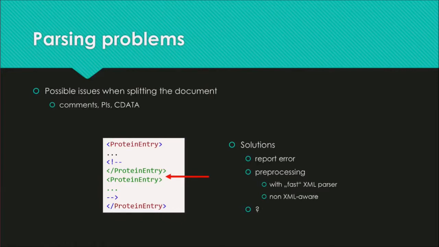What we can't do is parse the document with an XML parser and look for the comments in advance, because that's the thing that's slow. This is the thing that we want to avoid. So we have to find another way to look for these problems, maybe some other pre-processing, not XML-based, because all of these are actually comments, PIs, CDATA sections.